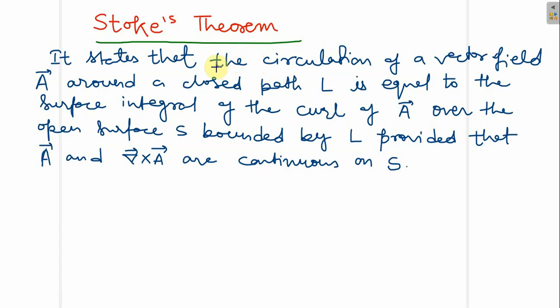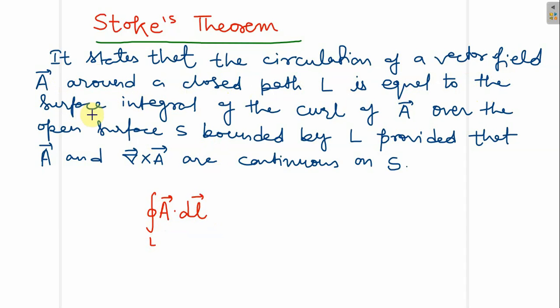The circulation of a vector field A around a closed path L can be represented by the closed line integral over this path L. So this is A dot dl.